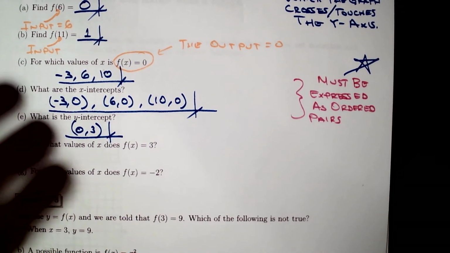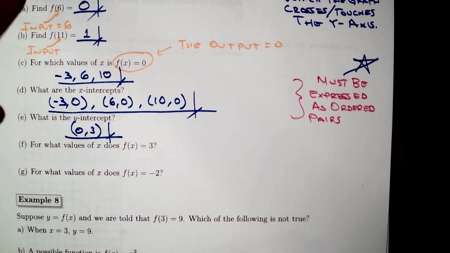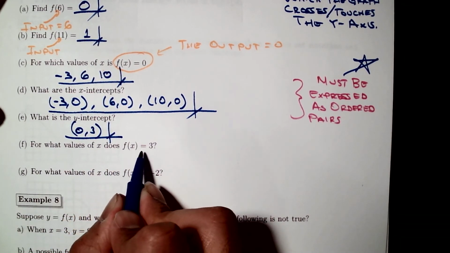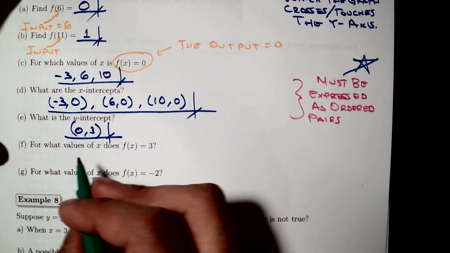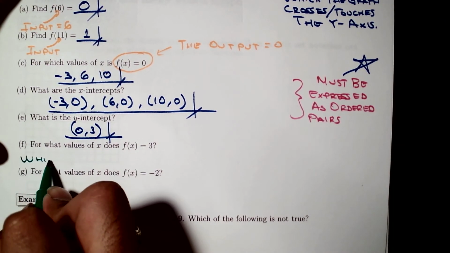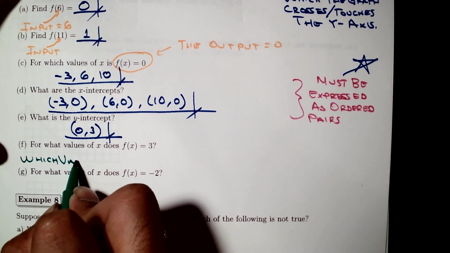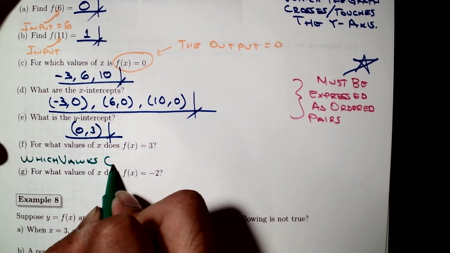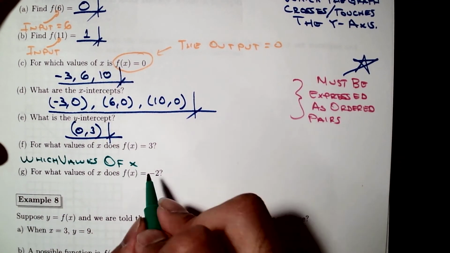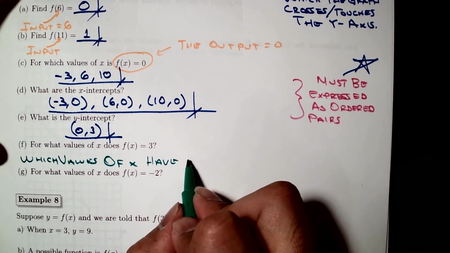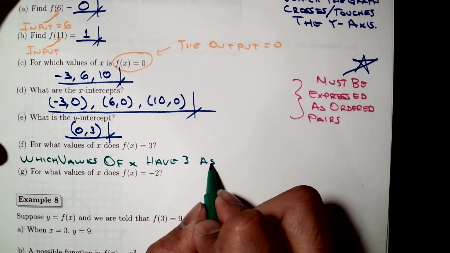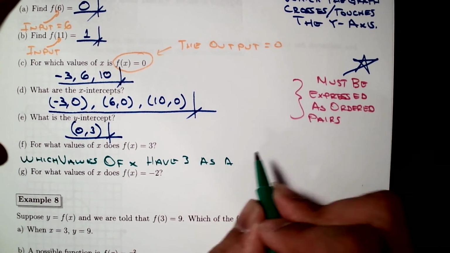Let's look at the last couple ones. So for what values of x does f of x equal 3? In other words, which values of x have 3 as a y value?